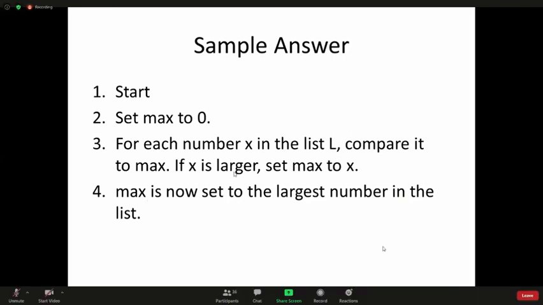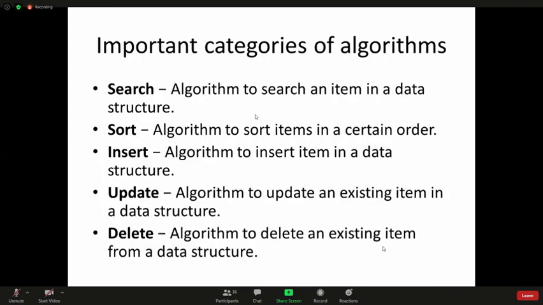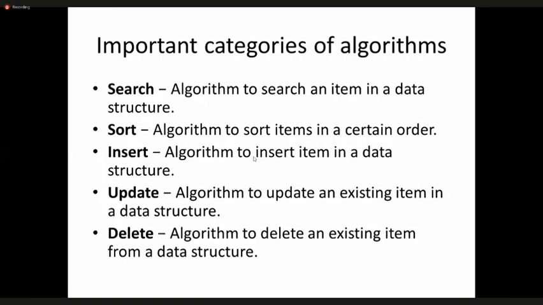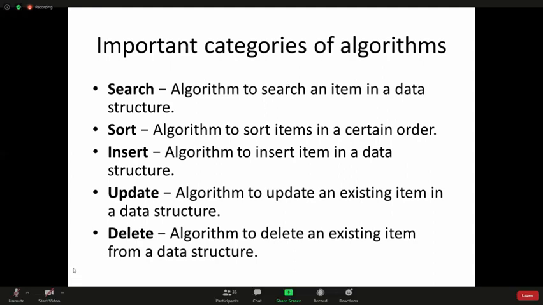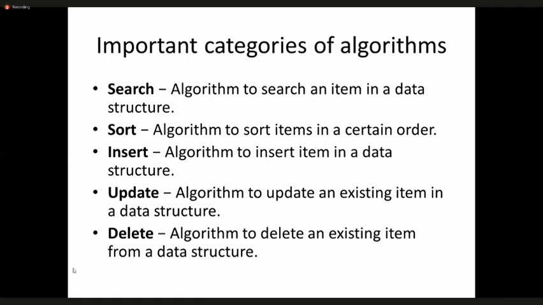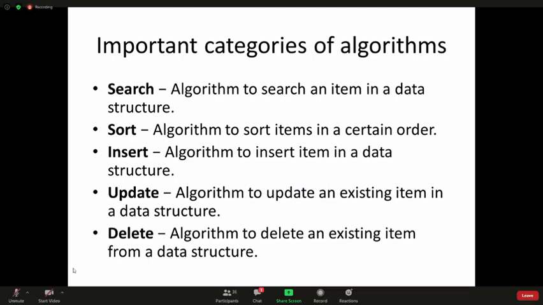Those are the fundamentals about the algorithms. Then we'll consider the important categories of algorithms. If we categorize the algorithms, then we can write algorithms for search, sort, insert, update, delete. Right?